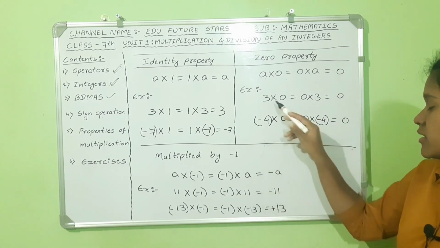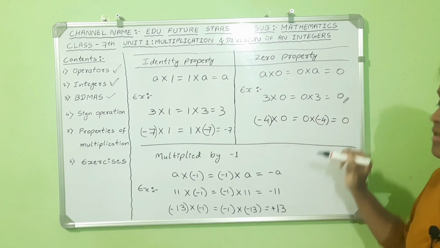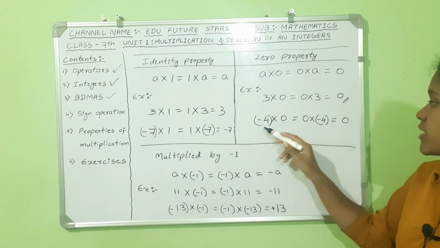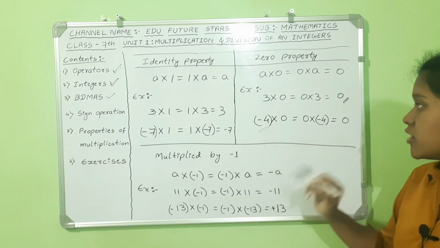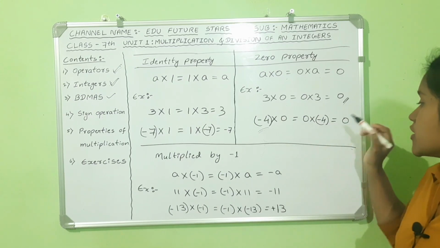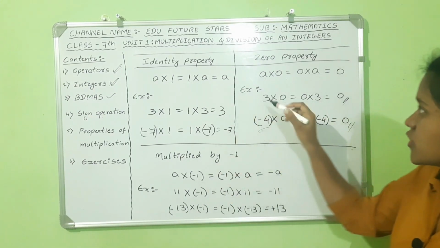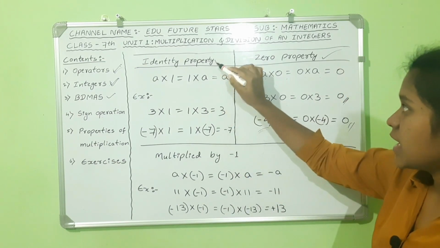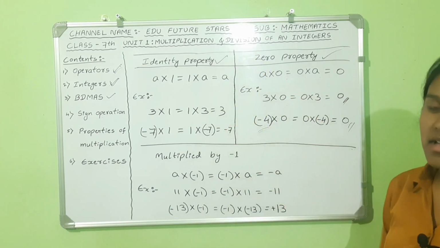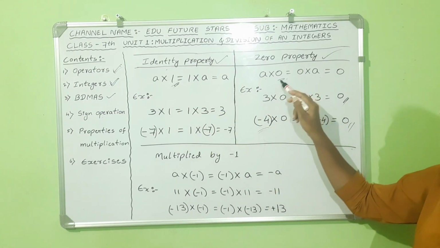In the example, 3 is multiplied with 0 and 0 is multiplied with 3, getting 0 as the output. Here a negative integer is multiplied with 0 and 0 is multiplied with a negative integer. So here also we are getting 0 as the answer. So this is about zero property, and identity property looks similar, but in identity property we have 1 and in zero property we have 0.